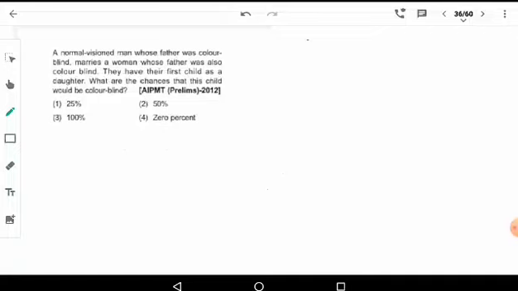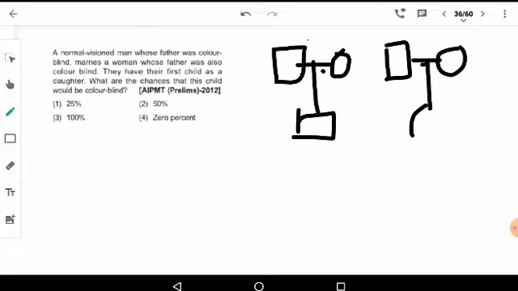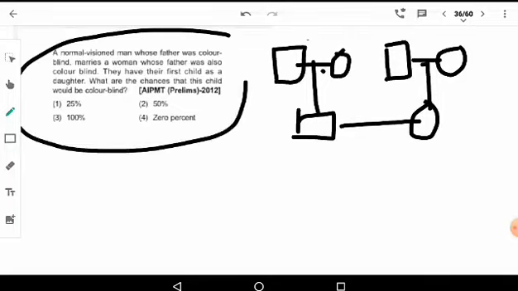Now let's do the next question. A normal visioned man whose father was colorblind. So let us draw a pedigree here. This is a pedigree based on the data which is given over here. What is given?